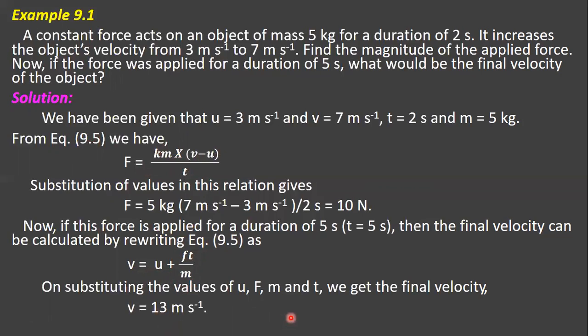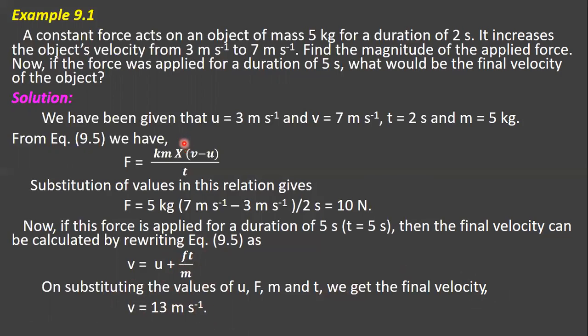Now on substituting the values of u, F, m and t, we get the final velocity. Now substitute the values here, children. You will get v equals 13 meter per second.